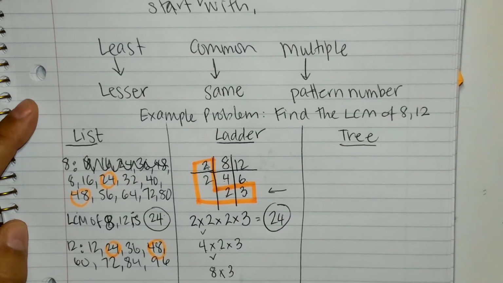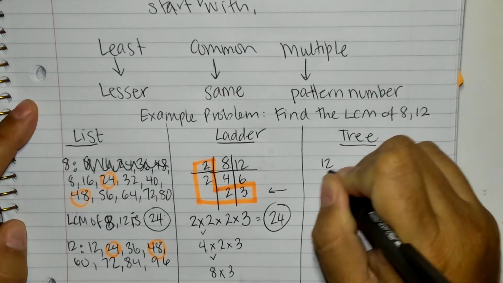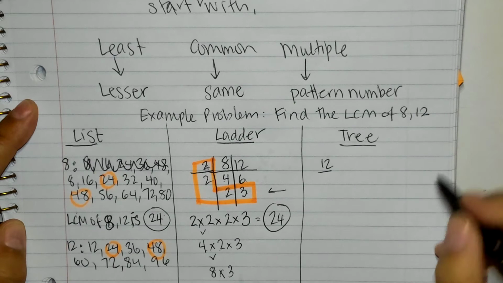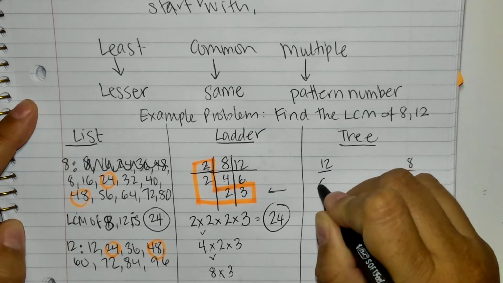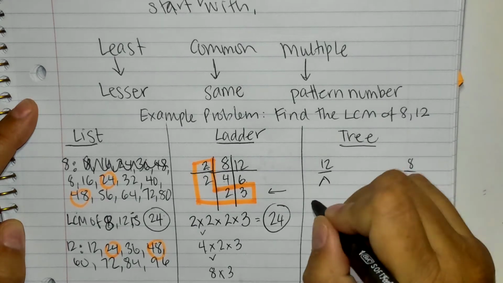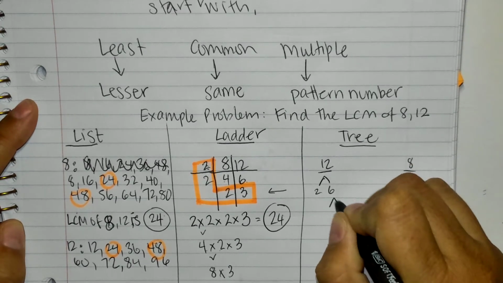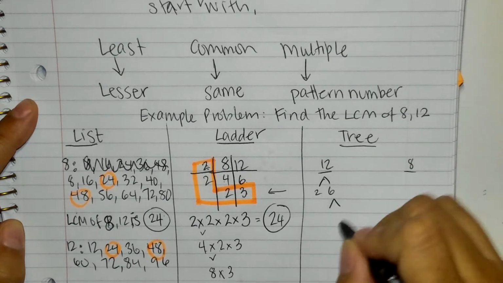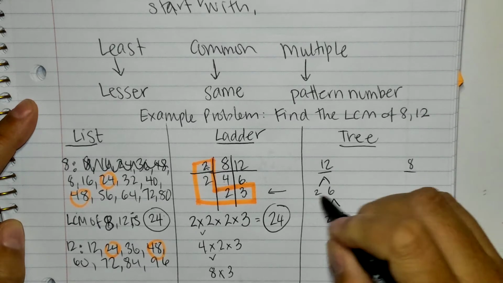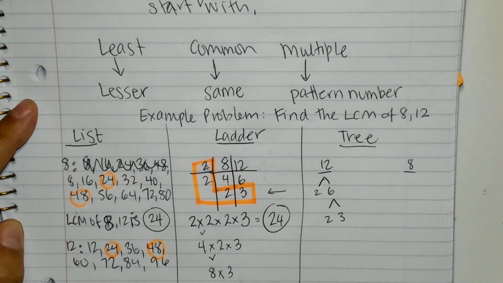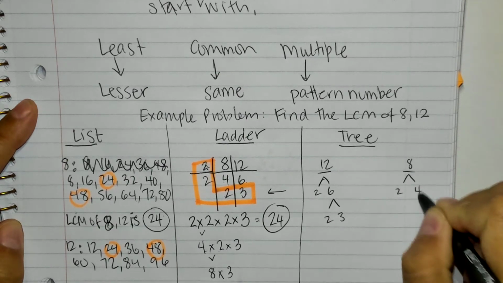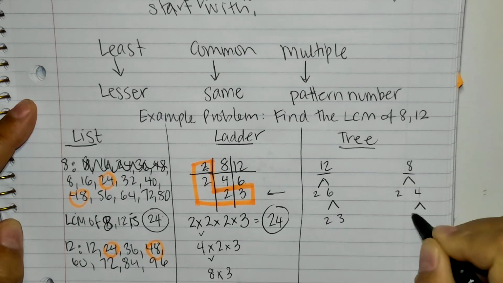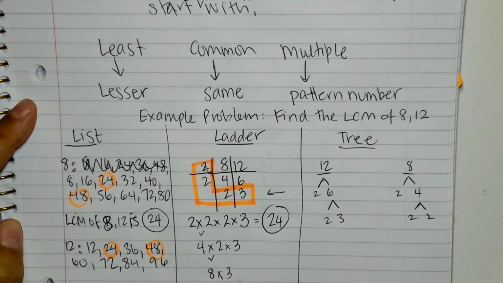Alright, tree method. 12 and 8. So 12 is 2 and 6. 6 is 2 and 3. 8 is 2 and 4. 4 is 2 and 2.